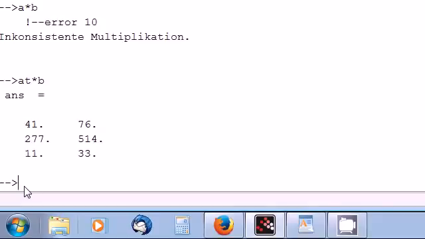So here it is, and of course element-wise multiplication, but for element-wise multiplication we need the matrices to be the same size.